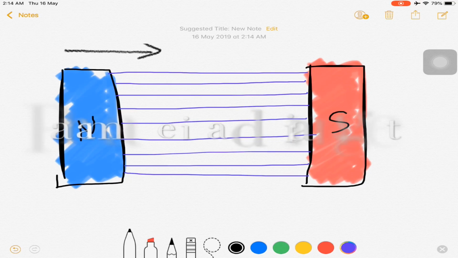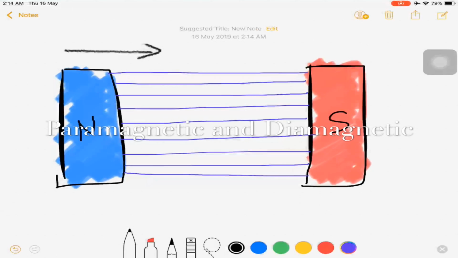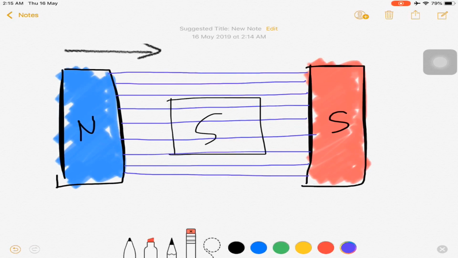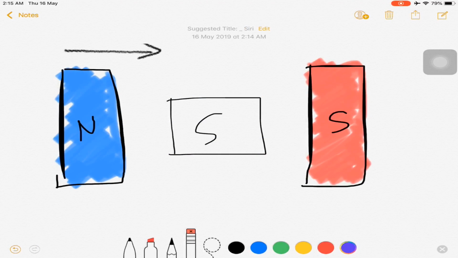This is an example of a paramagnetic substance and a diamagnetic substance. When a paramagnetic substance is placed in a magnetic field like this, the magnetic field lines prefer to pass through the substance, like this.